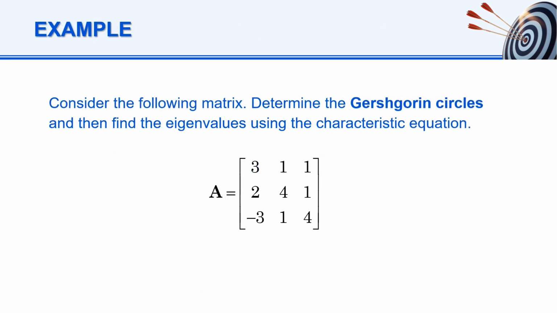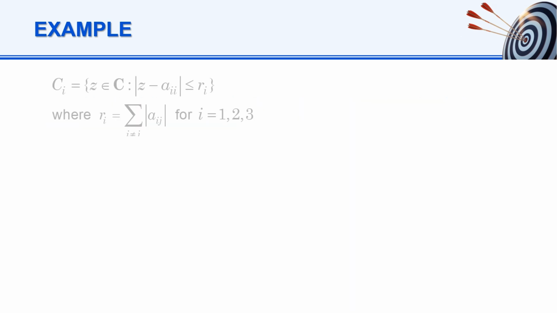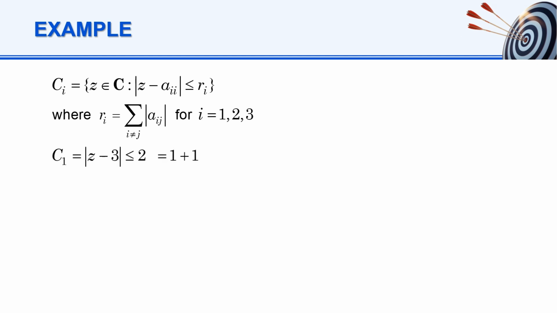Let us consider the following 3 by 3 matrix. We would like to determine the Gerschgorin circles, that is, the bounds of each eigenvalue, and then find the eigenvalues using the characteristic equation. Each Gerschgorin disk is centered at a_ii with radius R_i, and all eigenvalues of matrix A lie within at least one of these disks.